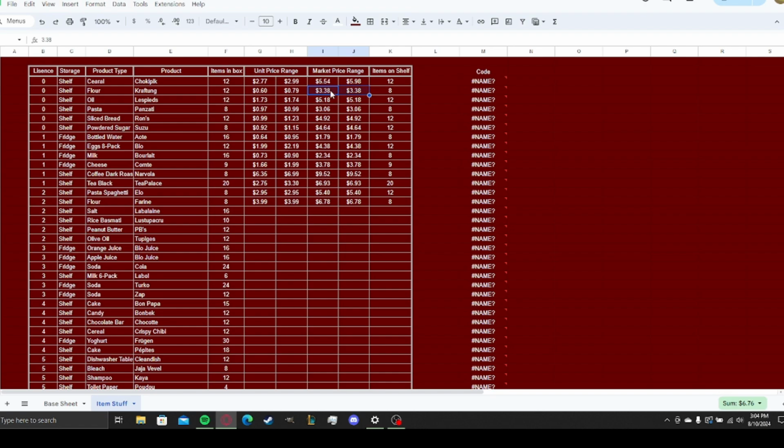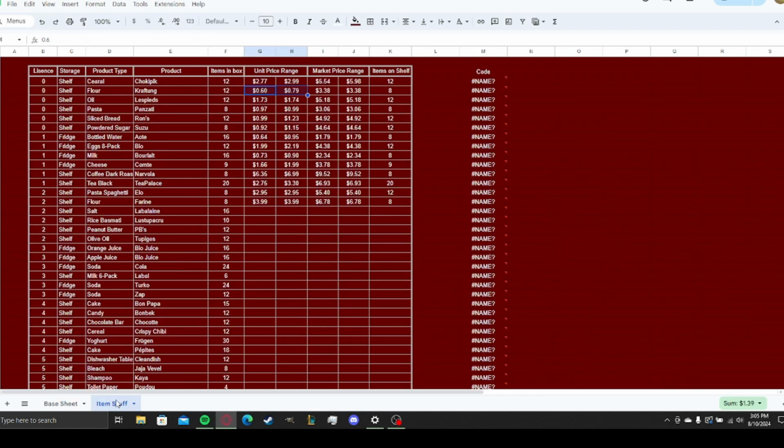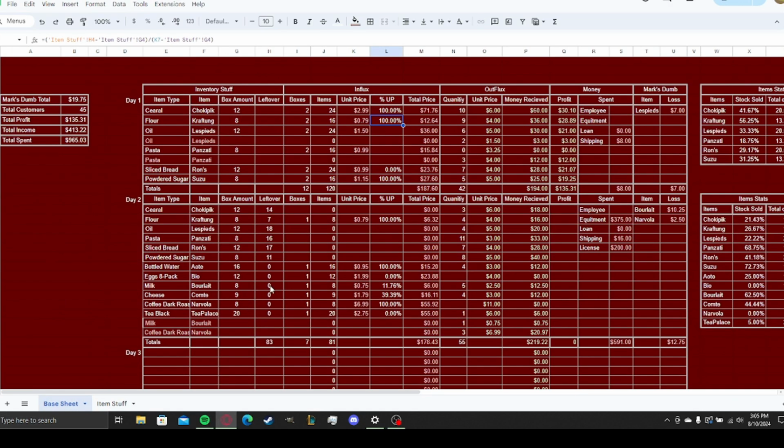So this flour, the market price range is the same. So there's no range per se, versus here, which is an actual range because it's between two different numbers. So that's why that flour info is weird. I mean, it's still at 100% here. Okay, so it's fine there. That's fine.